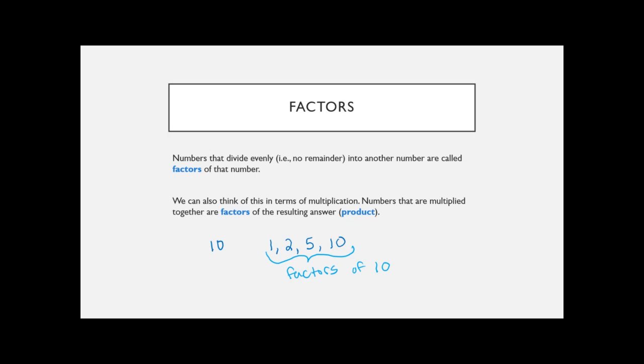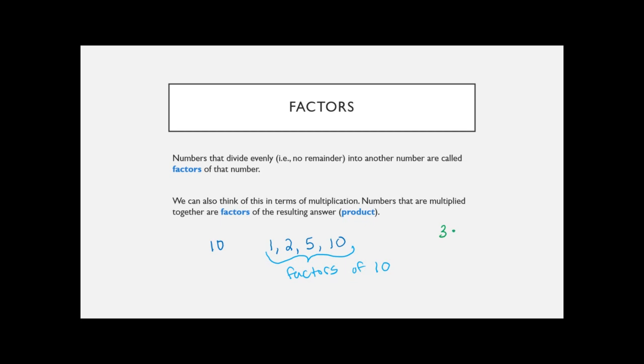But when we do prime factorization, we don't write it as a division. We actually write it as multiplication. So another way to look at it is that numbers that are multiplied together are factors of the resulting answer.